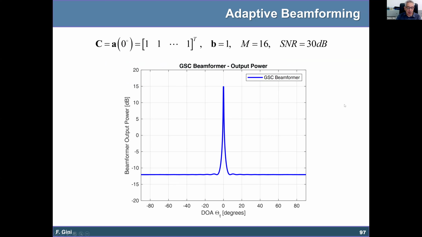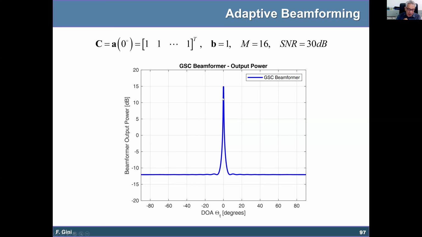If you calculate the output of the beamformer, for example, when we have a single target, a single source, and signal to noise ratio 30 dB, this is what you get. So you get a very clear peak at 0 degrees. Any signal coming from an angle different from 0 is attenuated. And if the signal is coming from 0 degrees, we have a peak.